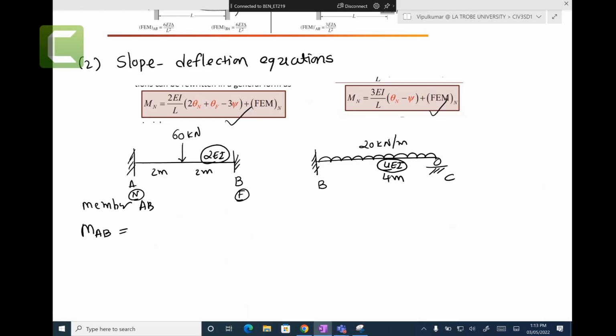So if I want to calculate moment at AB, then A is the near node, B is the far node. In that equation, B is the fixed support. All the internal supports are fixed, as I said.